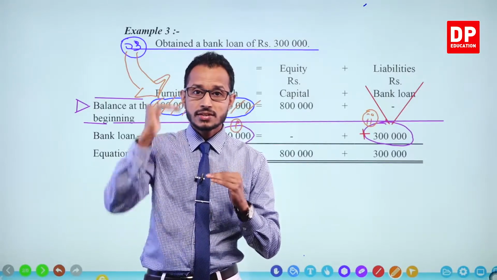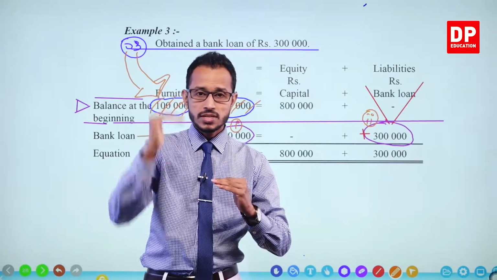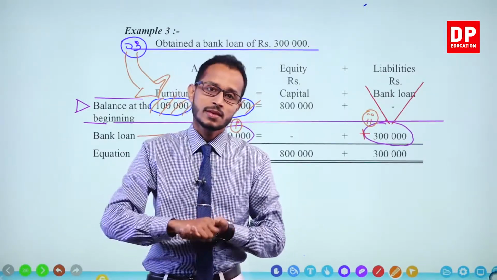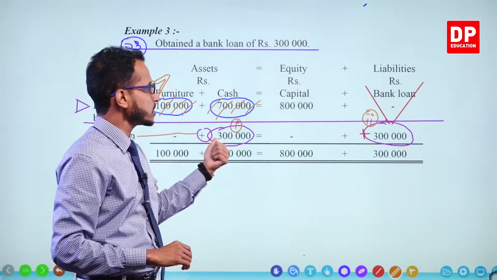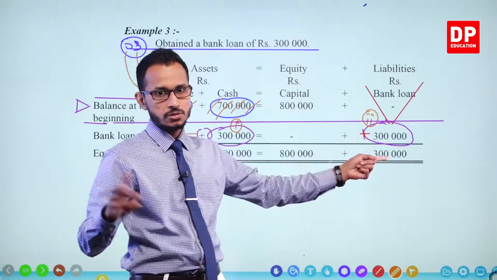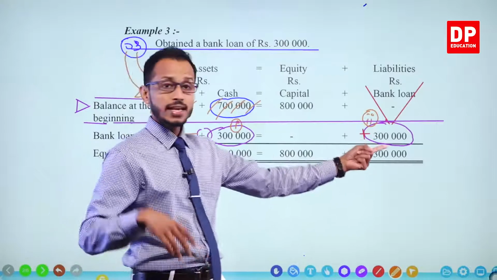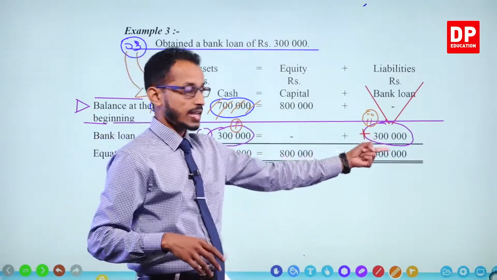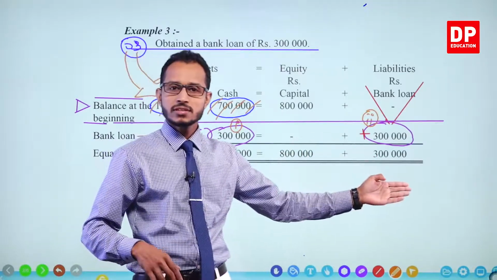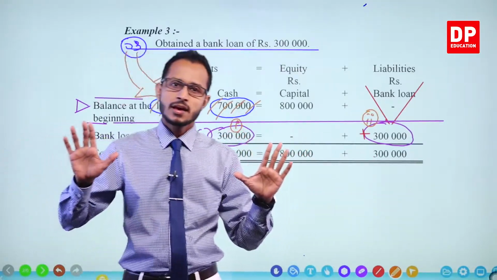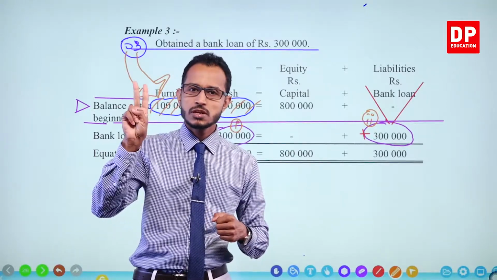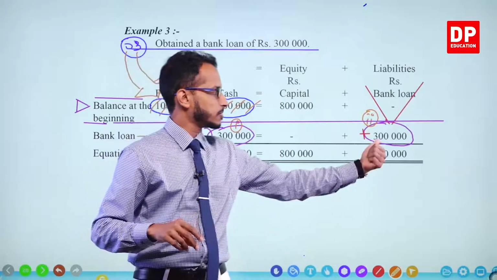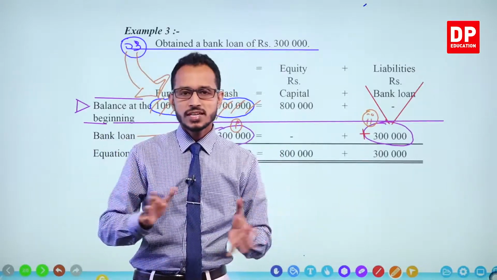Either an increase or decrease, or decrease or increase. If one increases, the other also can increase. Doesn't matter. If one increases, other can decrease. If one decreases, the other can increase, or both can decrease. It doesn't matter. However, two effects must be recorded, or in two places you must enter the transaction amount.